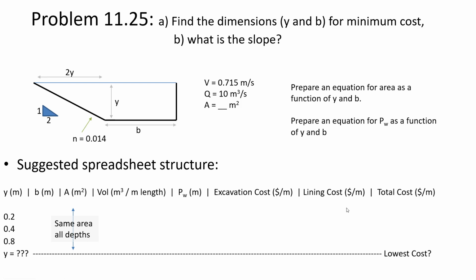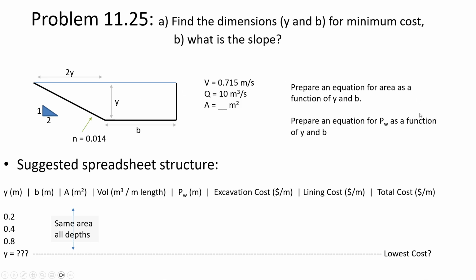But the key to this is just that you're going to have two unknowns, but what we're looking for is the overall lowest cost, which is going to be some depth and then the corresponding width that you'd have to have for that depth, and it's going to relate to the least combined excavation and lining cost. And this is actually kind of a real-world type problem.